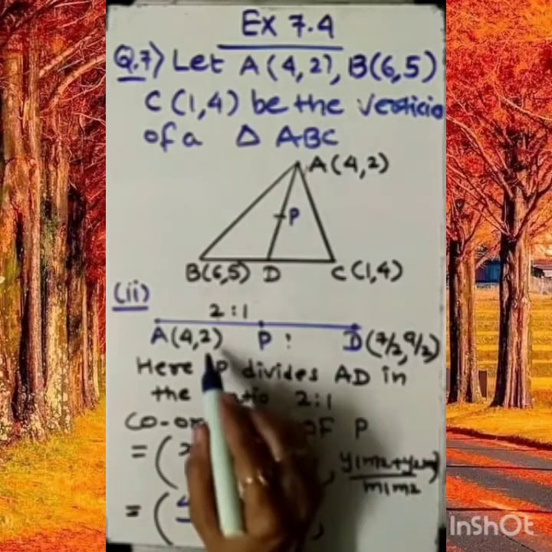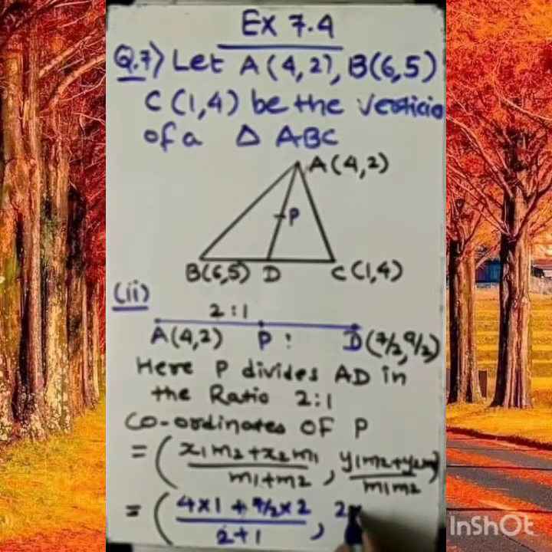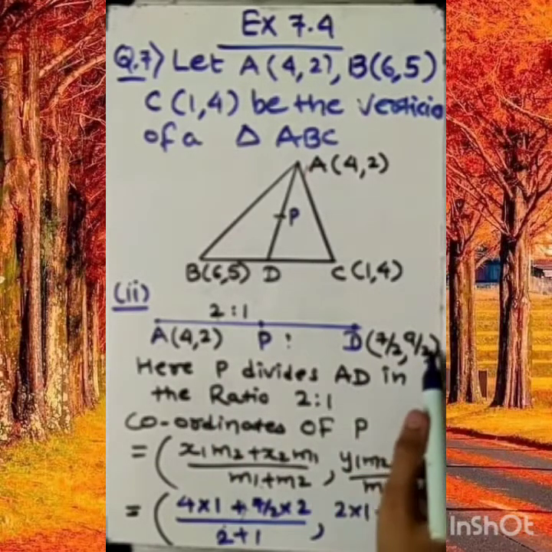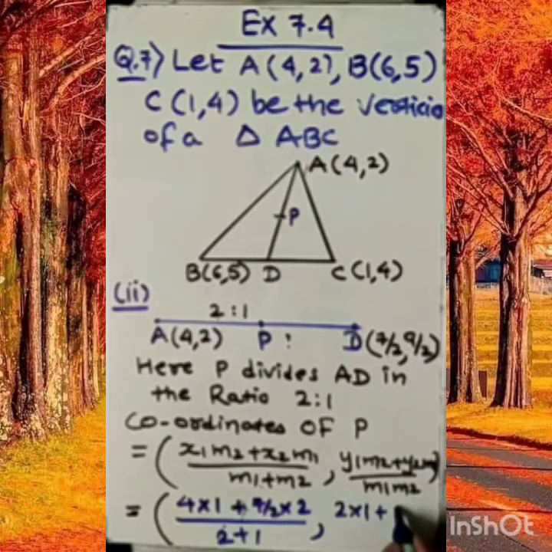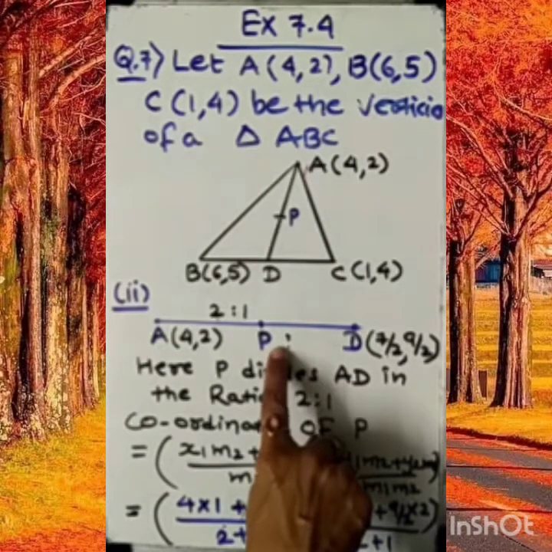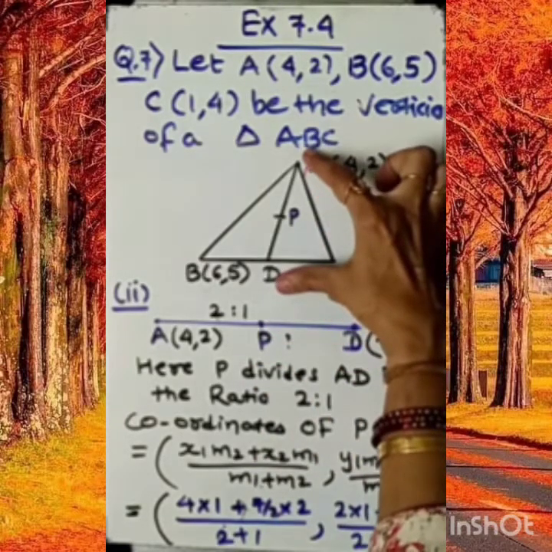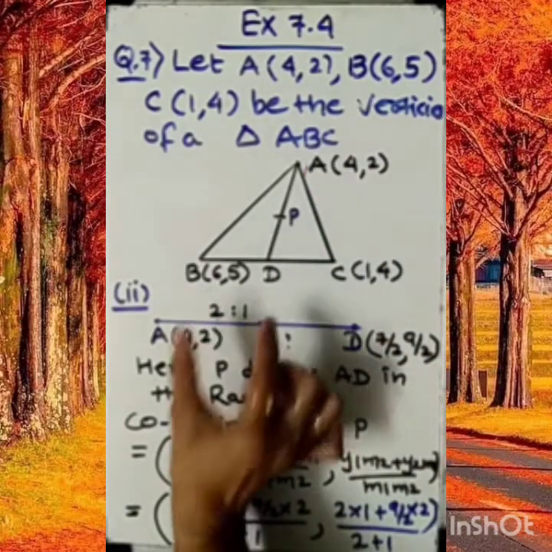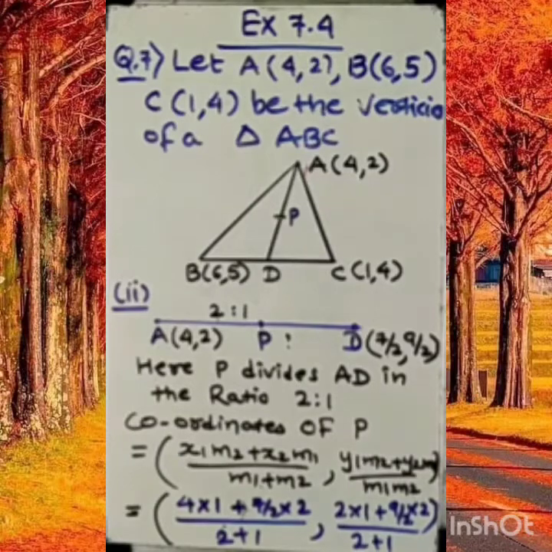That is 2 into m2, m2 is 1. Y2 is 9 by 2. What about m1? m1 is 2. So I mention 2, and denominator 2 plus 1. I hope this much is clear to you. Nothing else I have done, only applied the section formula to find the coordinates of point P, as we are given this line segment has a 2:1 ratio. Clear? Let's see further.